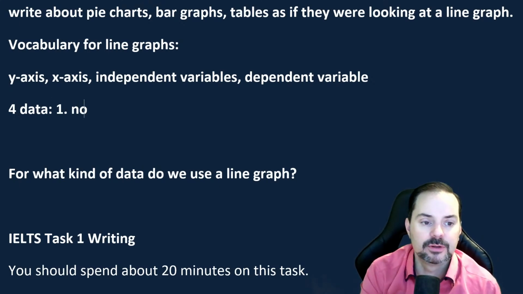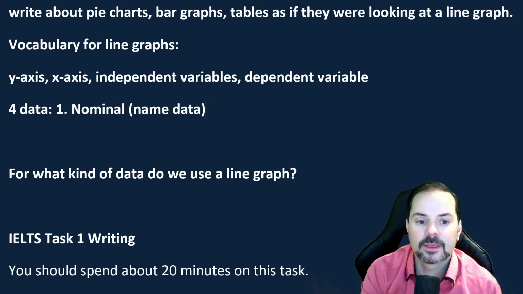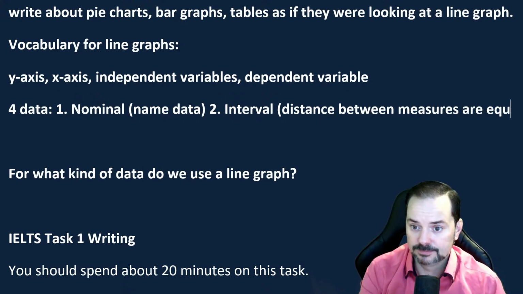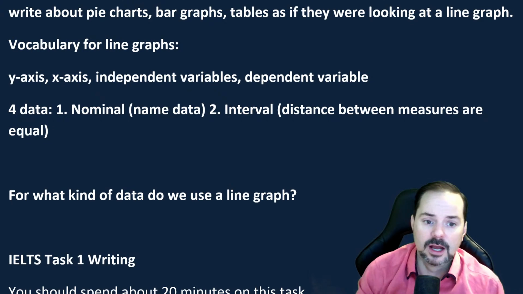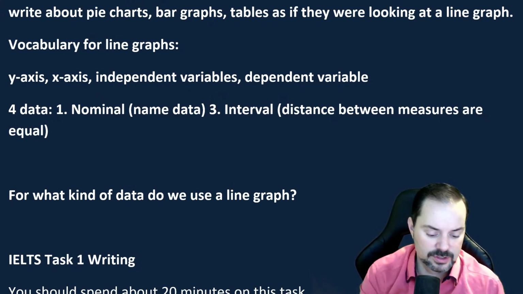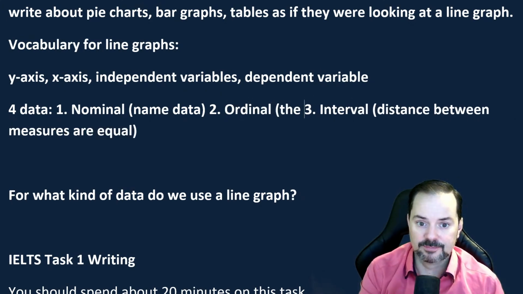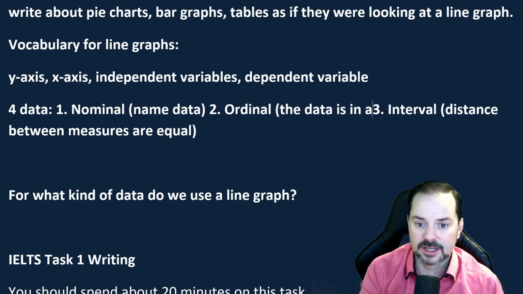Okay, there's nominal, basically name data. Okay, there's interval, which means the distance between measures are equal. Before interval, I should introduce to you ordinal. Okay, the data is in a sequence.